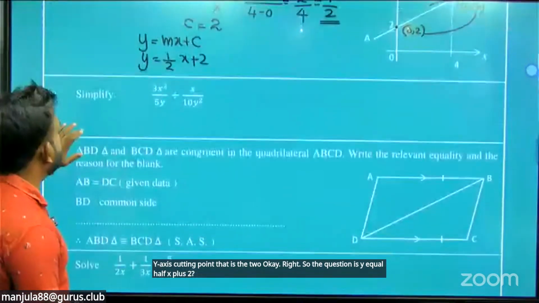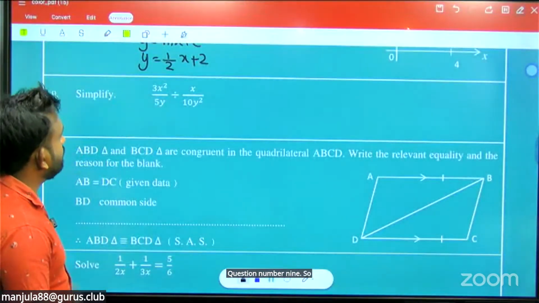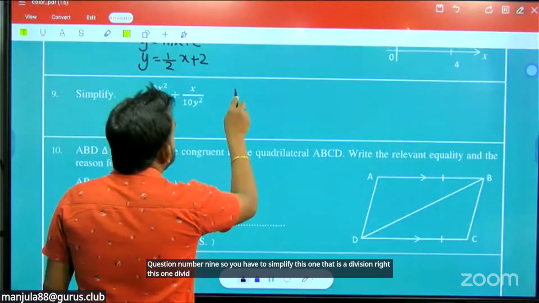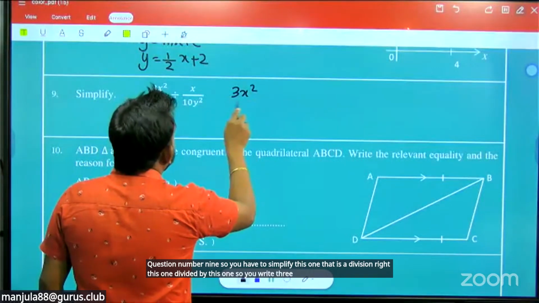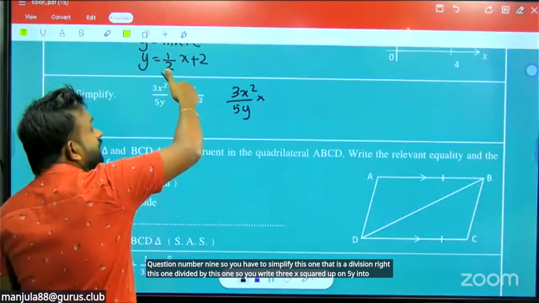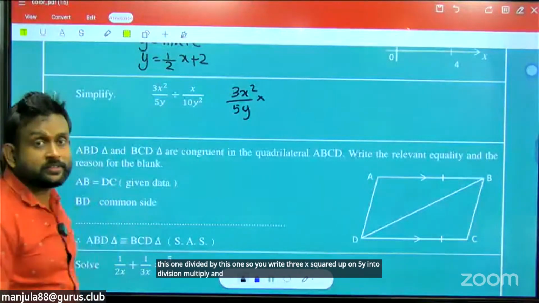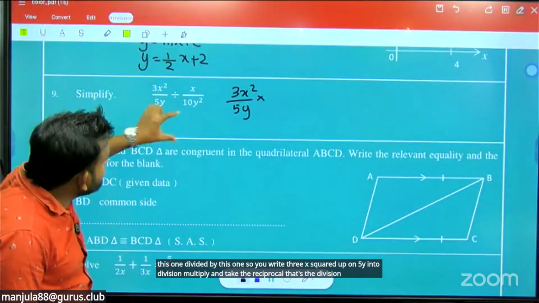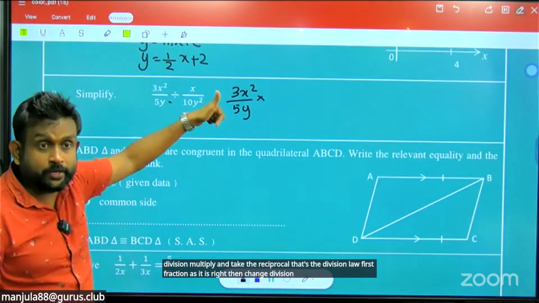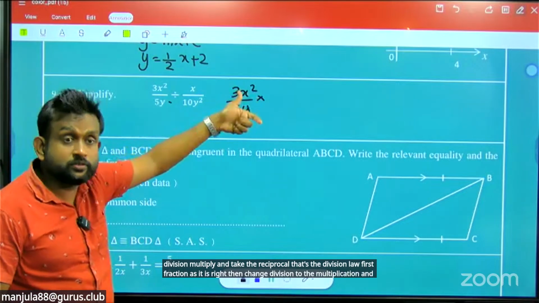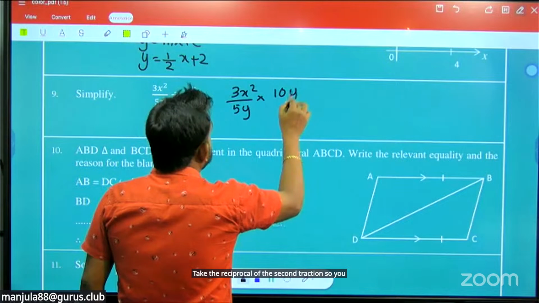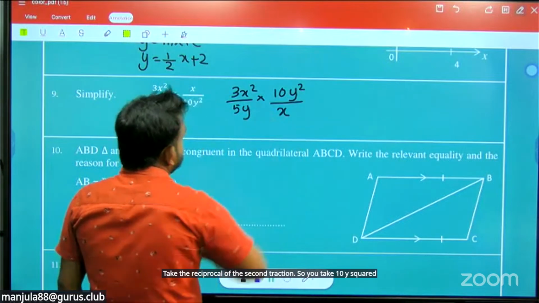Question number 9. We have to simplify this one, that is a division. This one divided by this one. So you write 3x squared upon 5y, then change division to multiplication and take the reciprocal. That's the division law. First fraction as it is, then change division to multiplication and take the reciprocal of the second fraction, 10y squared upon x.